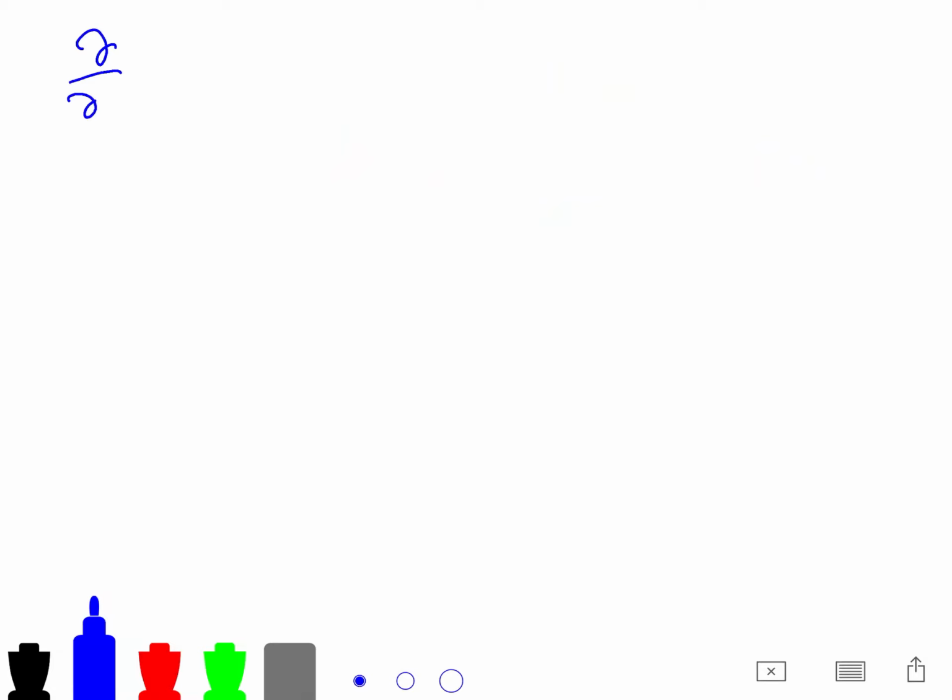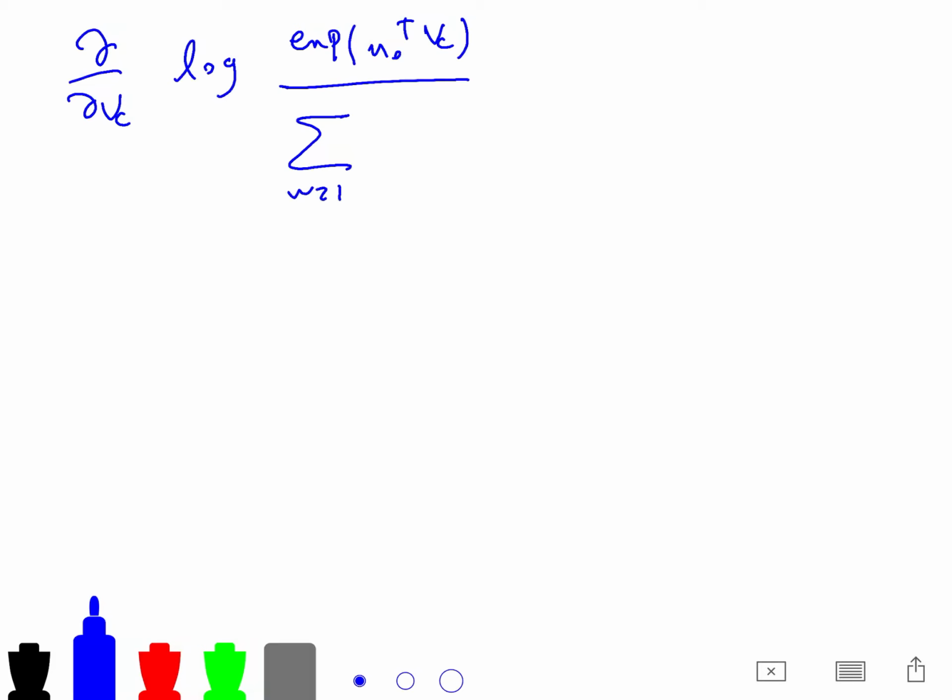So if you take the derivative with respect to VC of log of exponential of U output transpose of VC over the sum over W from 1 to V of exponential UW transpose of VC, let's see what happens.